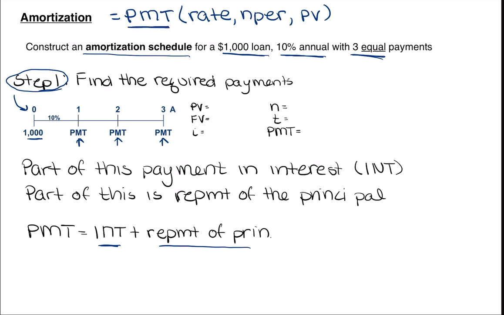You put in the rate, 0.10 because it's an annual rate of 10%. The number of periods is going to be 3 because we're doing 3 equal payments. And the present value is the value of the loan, which is $1,000. And again, this is done in Excel, and it will give you a payment value.